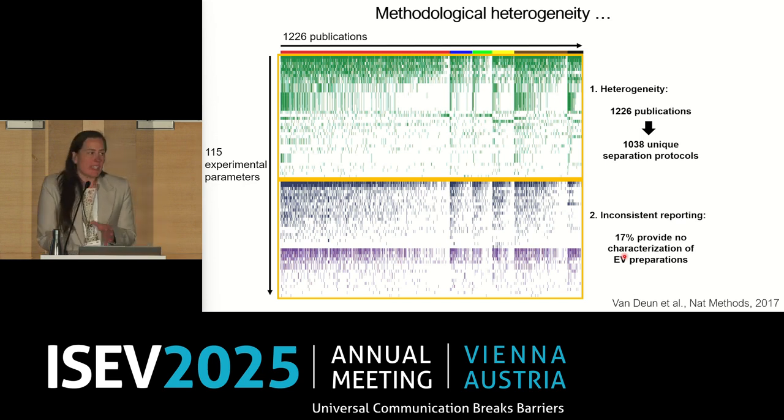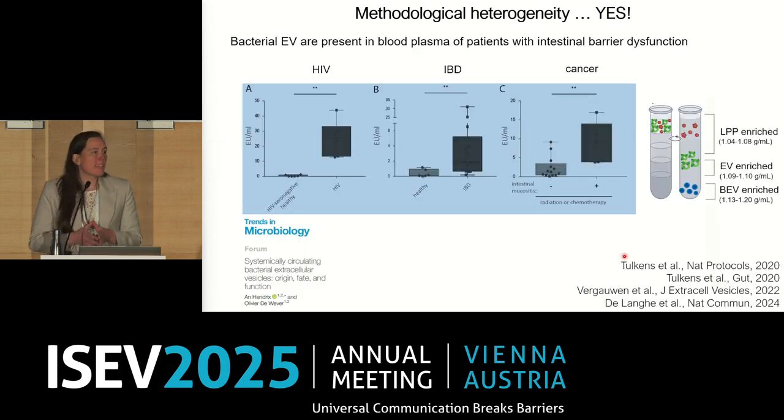You could think it is bad, but actually I'm very happy that we have this methodological heterogeneity, because there are still many hidden secrets about extracellular vesicles and the different types of biofluids that we are trying to analyze. Think, for example, about protocols that help to identify and discover the exomeres, the supermeres.